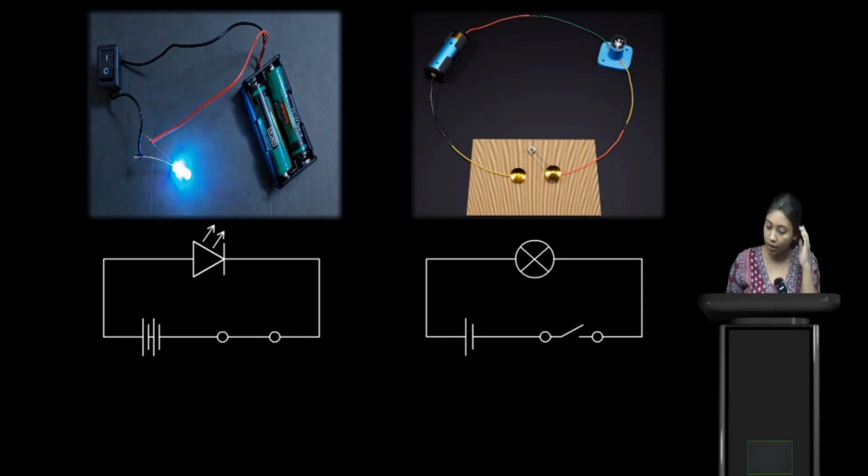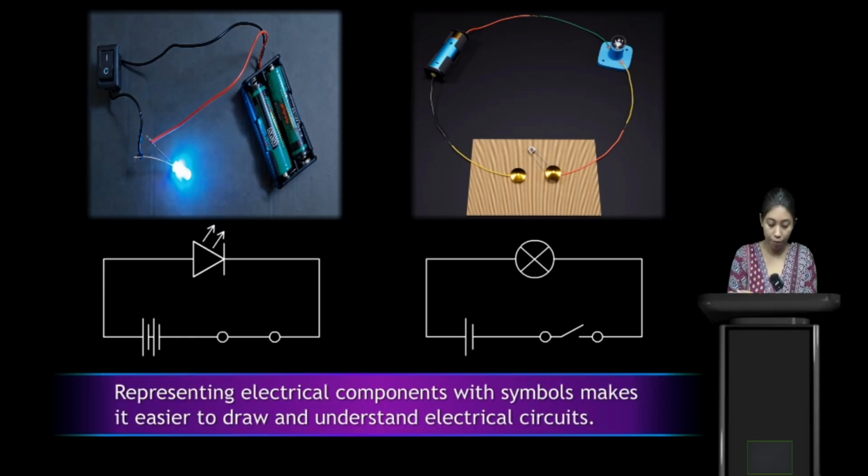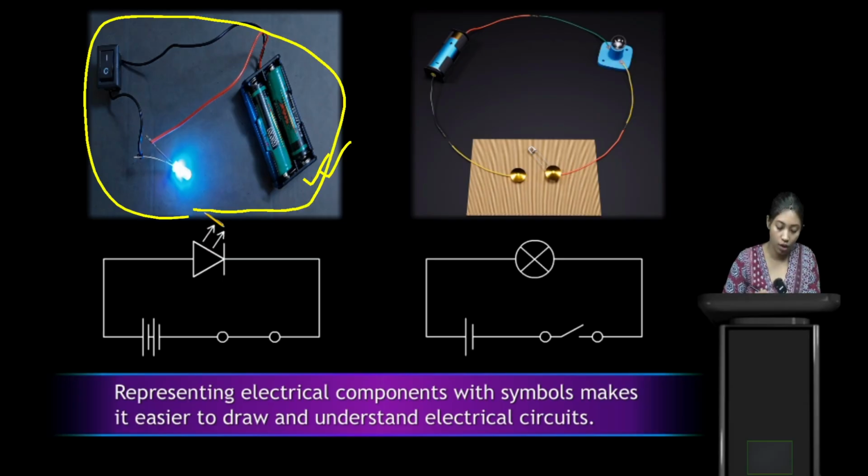These are the two circuits that we have drawn, one for when the light glows. Before that, it's saying that representing electrical components with symbols makes it easier to draw and understand electric circuits. If someone asks you to draw the first picture, you will be a bit confused: how will I draw the battery, the light emitting from the bulb, the switch?